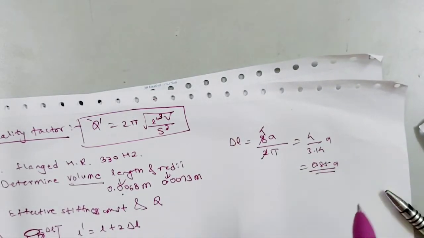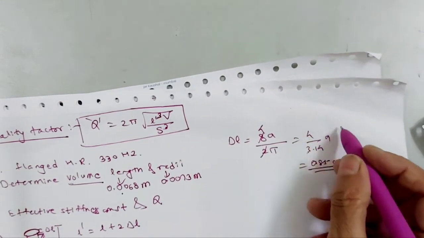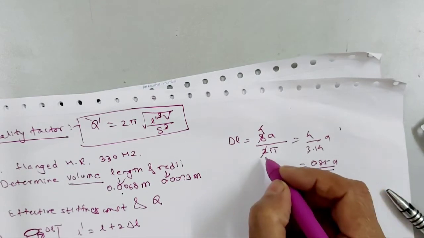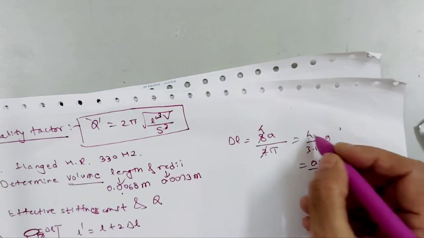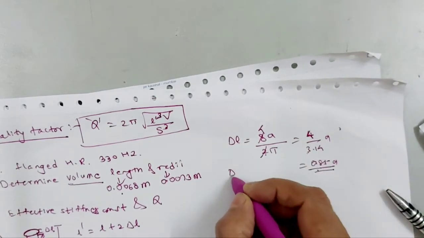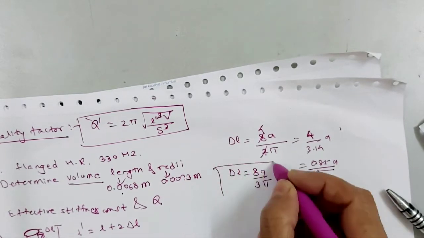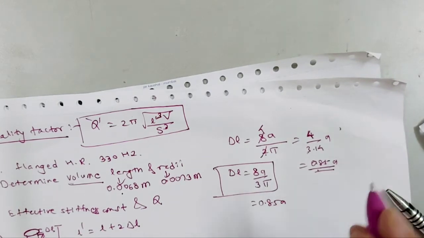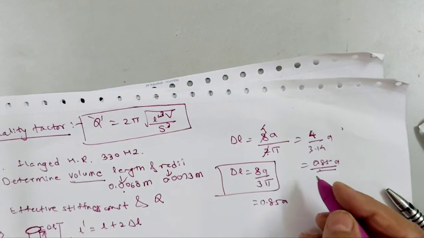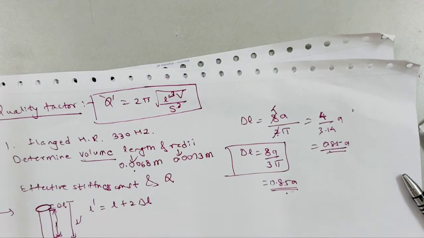I waited, only one student said something was wrong, because 4 by 3 has to be 1 point something, not 0.85. My intention was to check how many are watching the video very carefully. So the actual formula is 8a divided by 3π. Then only you get the answer 0.85a. So I took a small test and many failed. Understood? So this is my ΔL for the flanged one and 0.65a for the unflanged one, that I mentioned very clearly.